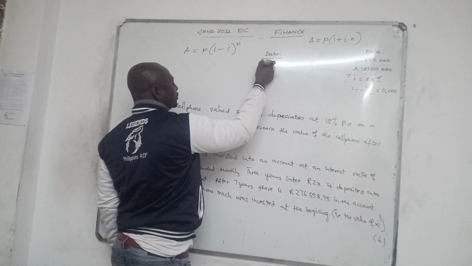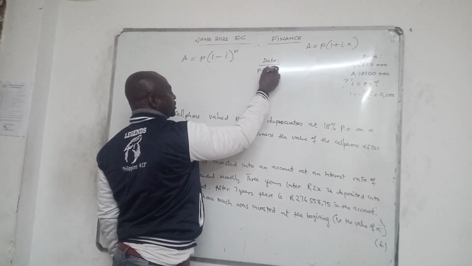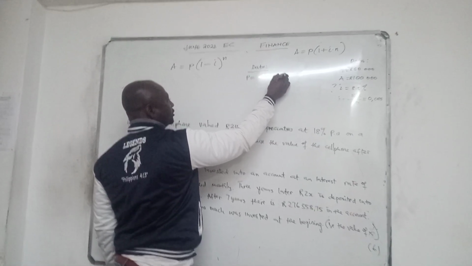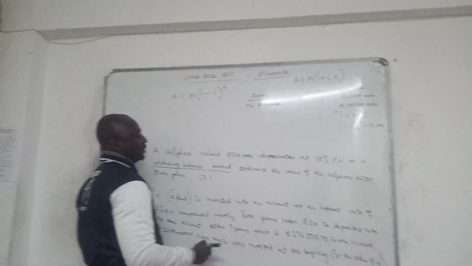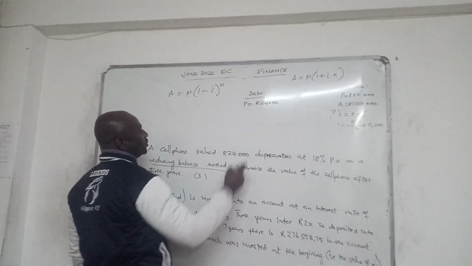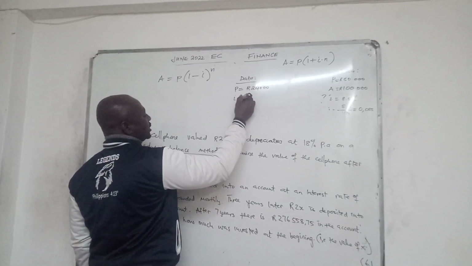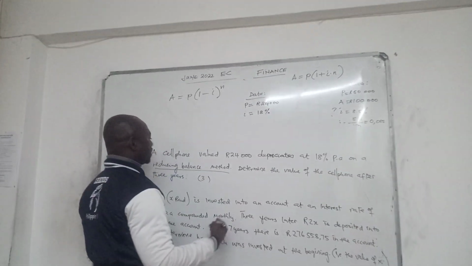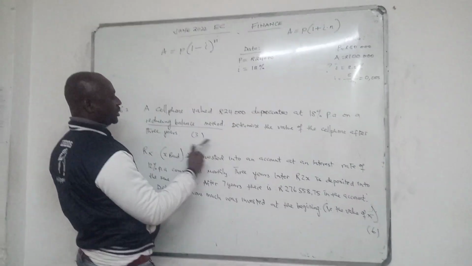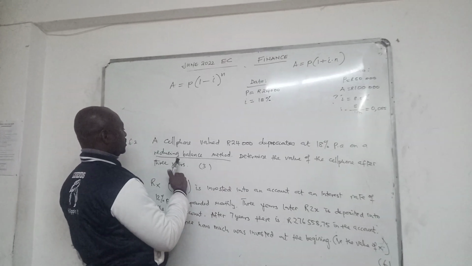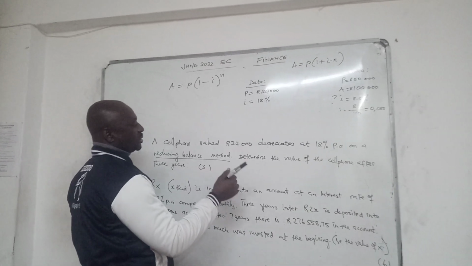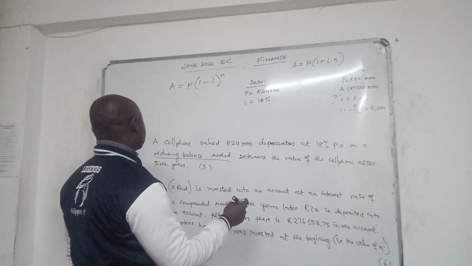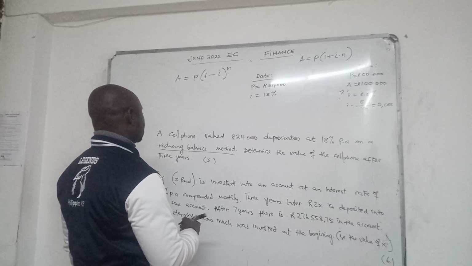Now, collect your data from the question and use it in the formula. Your P is equal to how much? 24,000. That's the amount invested. And then your i was given as an interest rate of 18%. Remember they said compounded? Was there any compounding? The difference is 18% per annum, just like that, on the reducing balance method.